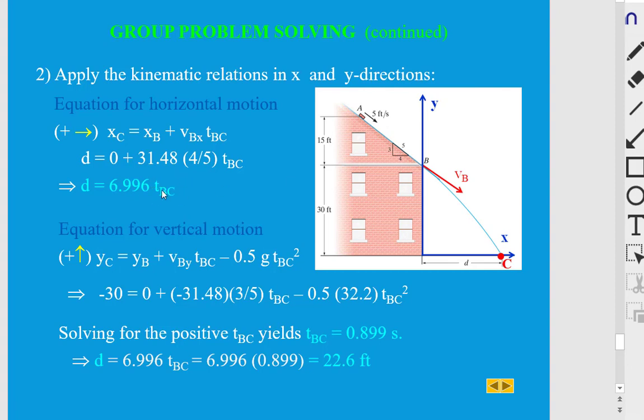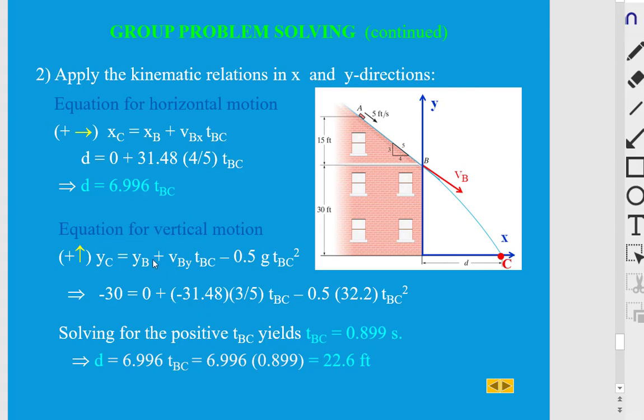Now, to calculate d, I still need to know the time it takes to go from B to C, and that time can be obtained from the knowledge of the height. The height at the beginning is 0 if this is my reference, and at the end it is negative 30, right?